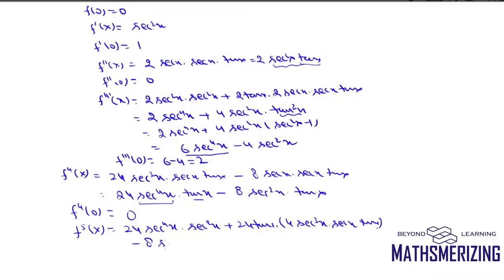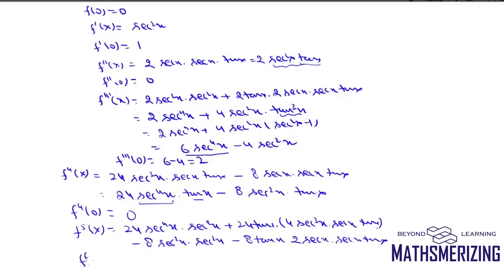Now here sec²x as it is, and the derivative of tan x is sec²x, and then again minus 8 tan x, and it will be 2 sec x and then sec x tan x.